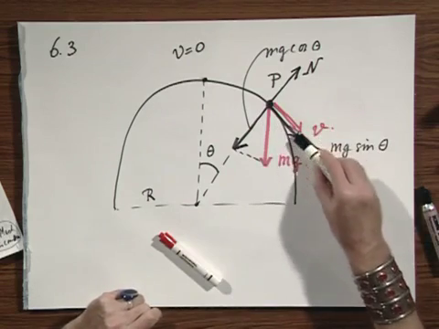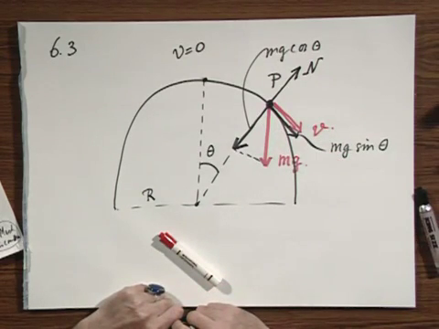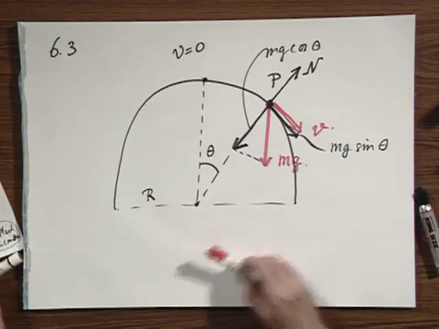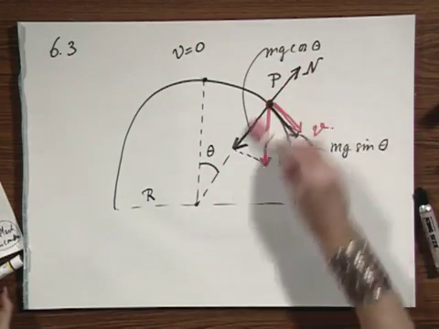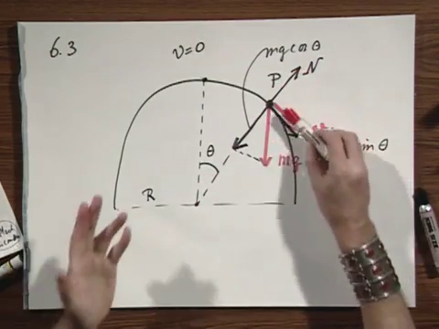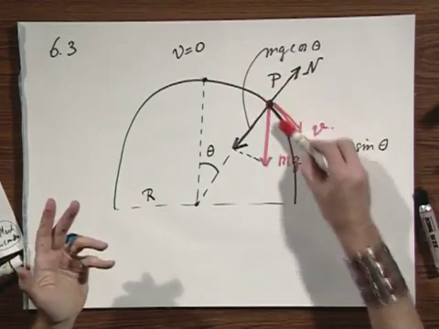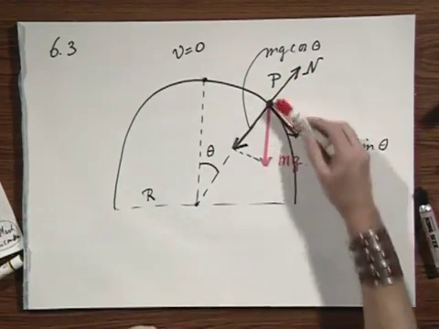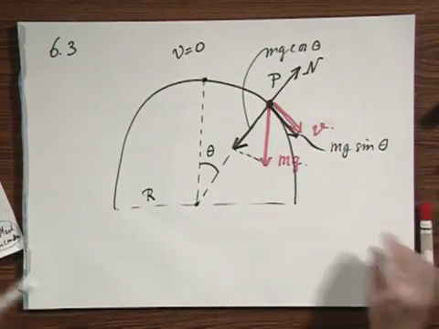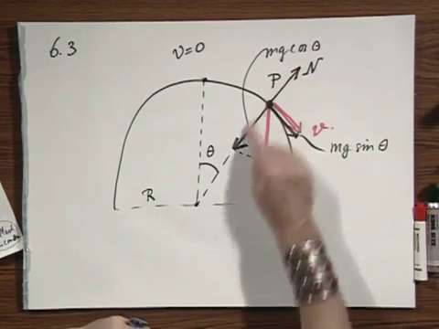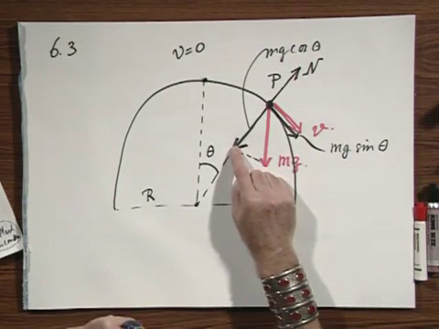And this is due to gravity. The reason why there can only be a normal force from the igloo is there's no friction here.